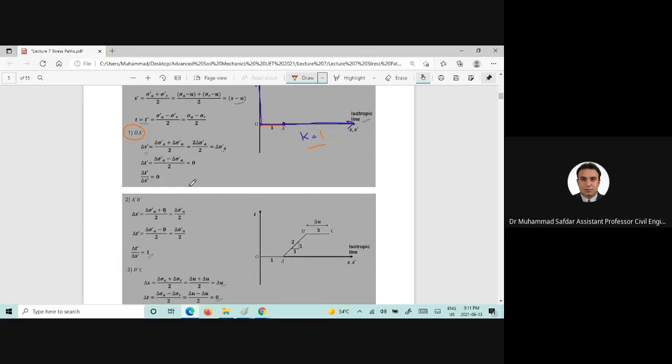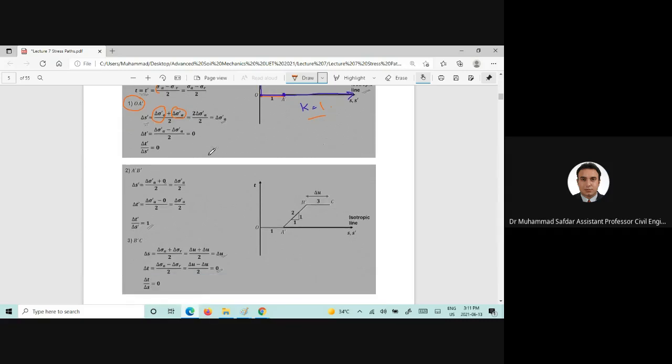Now if we have a situation like this, now we are considering a situation in the field where we are changing delta sigma prime A, or I would say delta sigma prime A is also changing, and delta sigma prime R is also changing with the value of delta sigma prime A. Now in that case, how is it going to change?